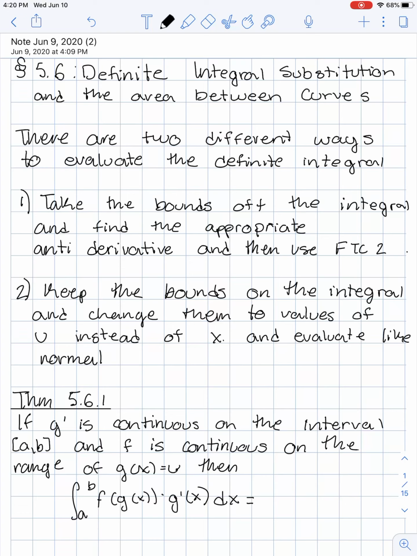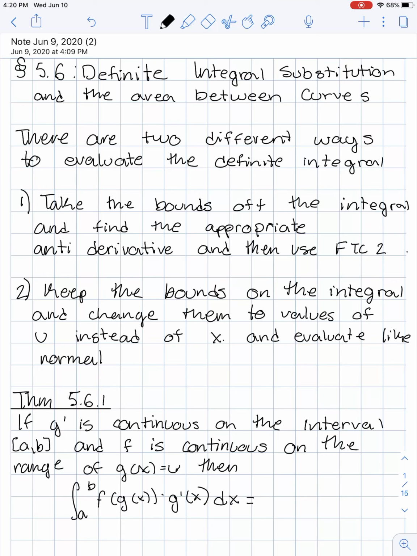Well, now I have a definite integral. So now I have bounds on my integral. So it kind of leaves me with two different ways. I can take the bounds off of my integral, so make my definite integral an indefinite integral, find the appropriate antiderivative, and then use the fundamental theorem of calculus part 2.